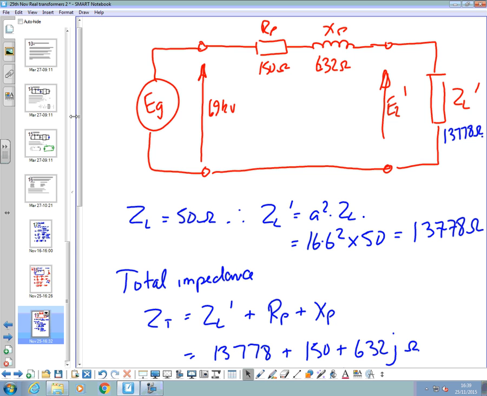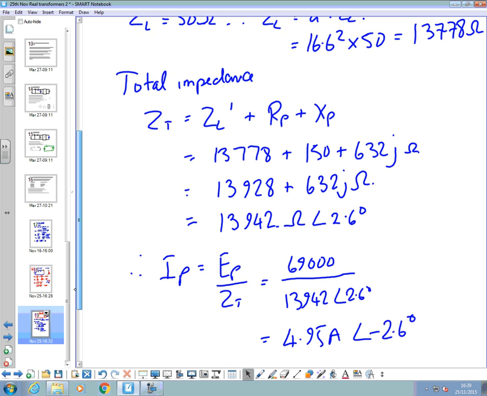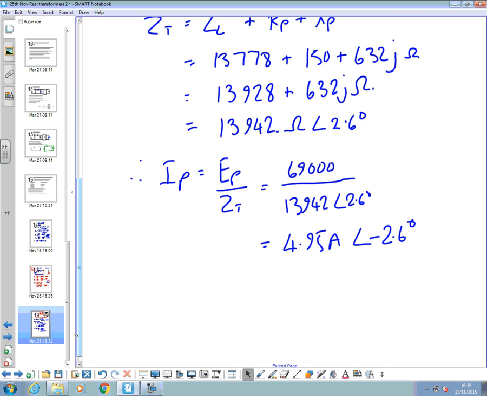Okay, but now we know the voltage, 69,000 volts. Now we know the complex current, we can find S. If we can find S, we know S is made up of P and Q. So if we can find S in complex form, we can turn it into rectangular form and pick out P and Q, can't we?